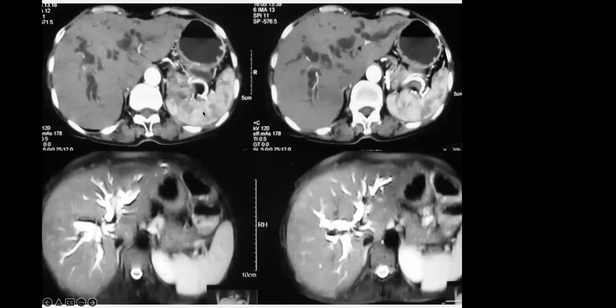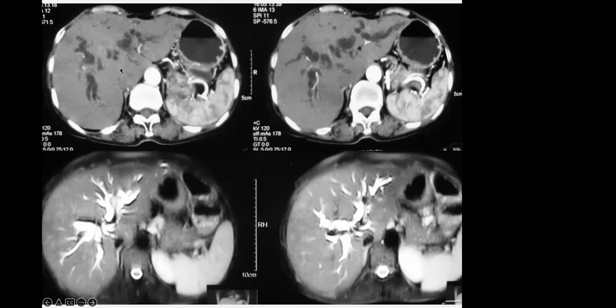If you see the spleen has a bit of heterogeneity, that means it is not homogeneously enhancing. Don't bother about that, because in the arterial phase the spleen will be heterogeneous, but in the portal venous phase or hepatic venous phase it will be homogeneous. So these two are the CT scan images.